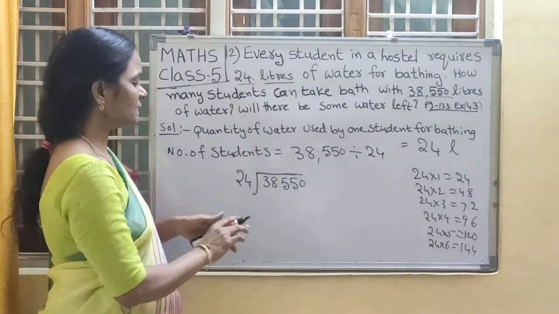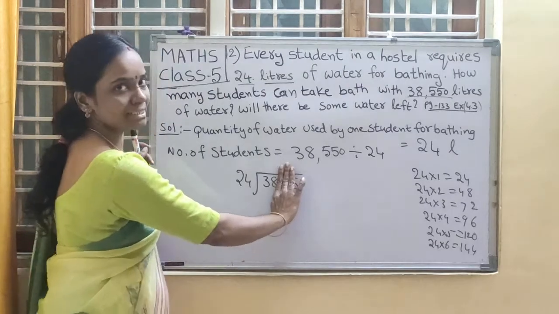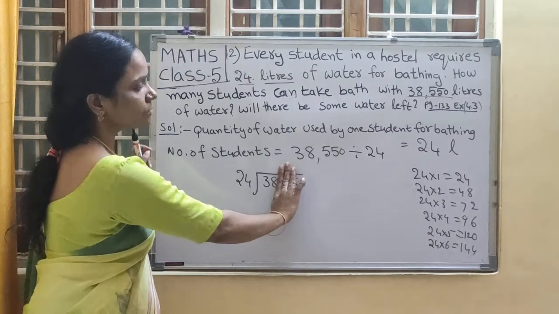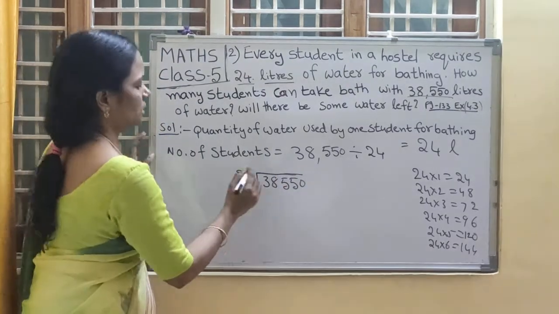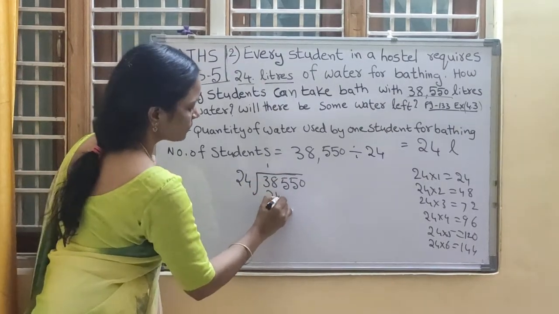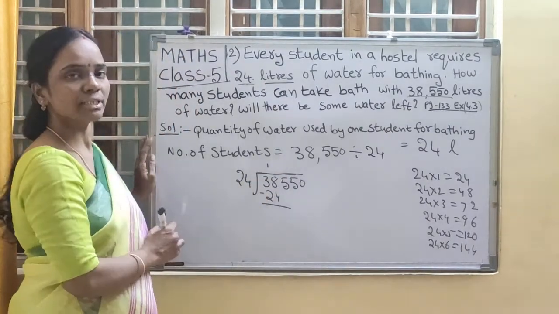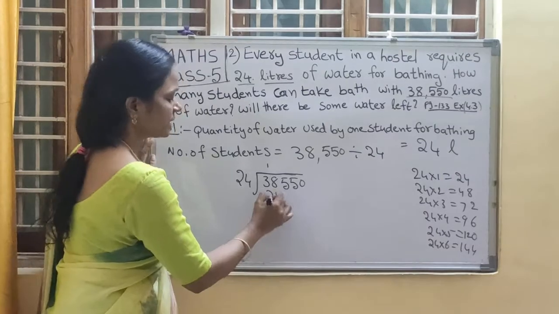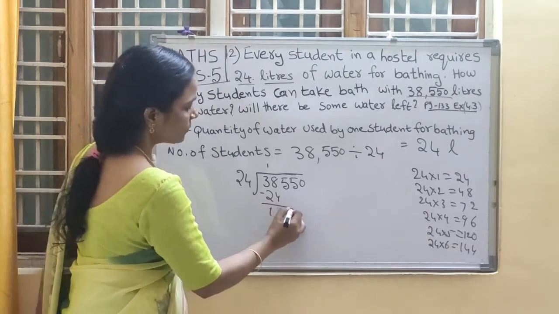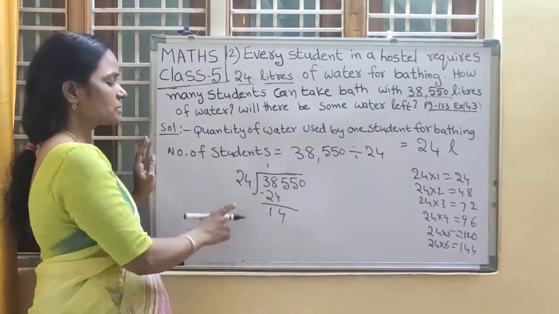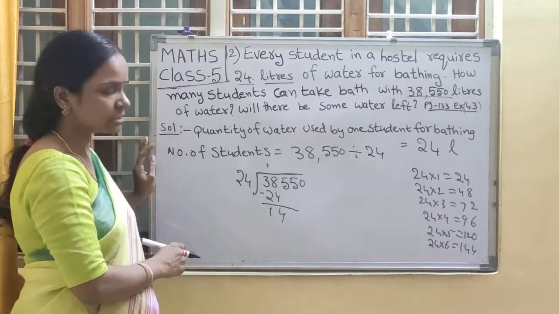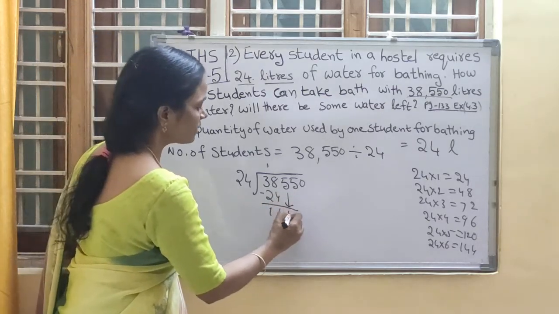Now I am checking the first two digits, 38. In the 24 table, how many times 38? One time only. 24 ones are 24. Now 8 minus 4 is how much? 4. 3 minus 2 is 1. 14 is a smaller number, so 24 will not divide 14. So bring down 5, 145.